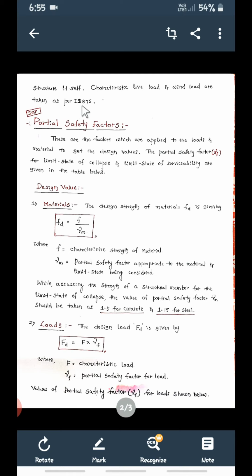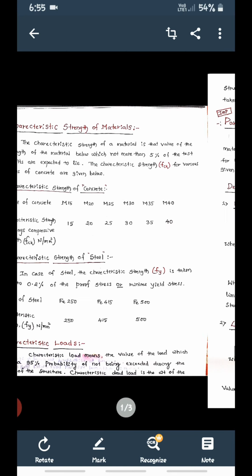The I indicates Indian Standard, and the 875 number indicates the code number. If you refer to IS 875, we get the various loads, live loads and wind loads. How much live load and wind load to take, we get from this IS 875 code book.